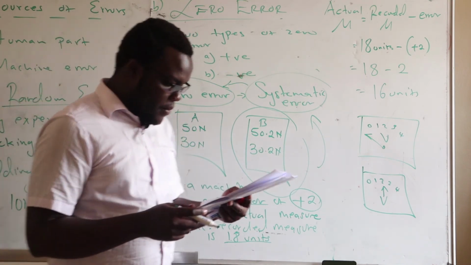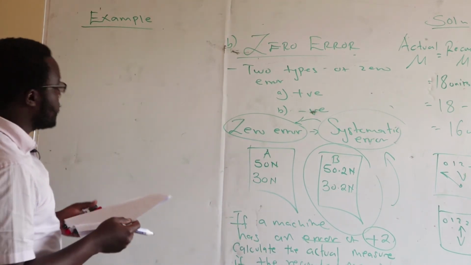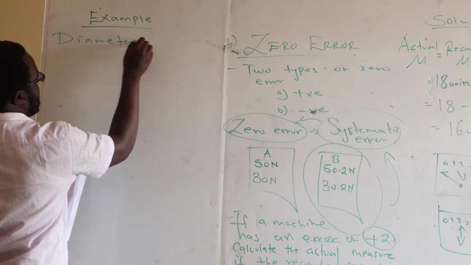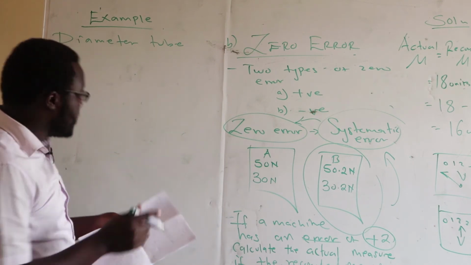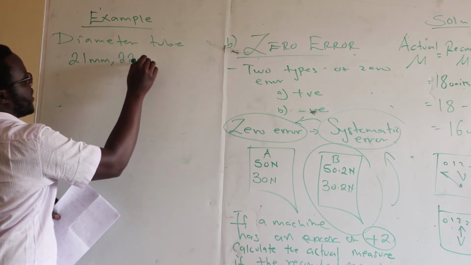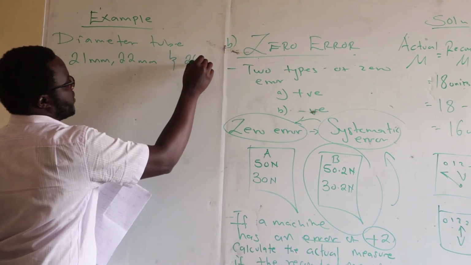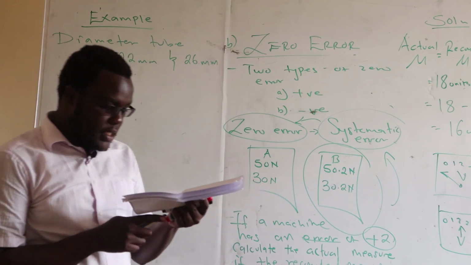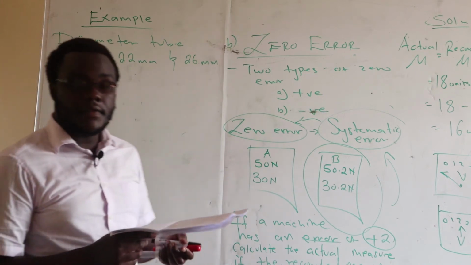Finally, I give a last example. The diameter of a tube is recorded as 21 millimeters, 22 millimeters, and 26 millimeters at 3 different places.